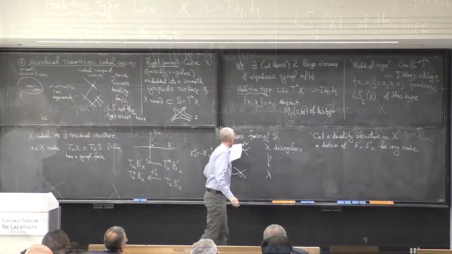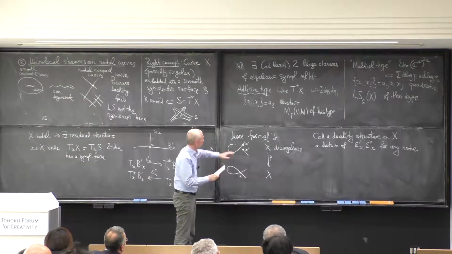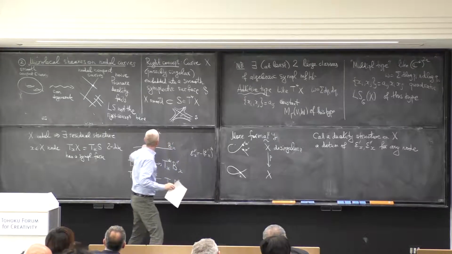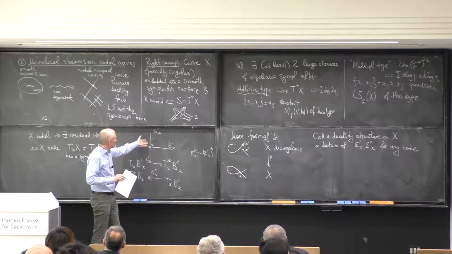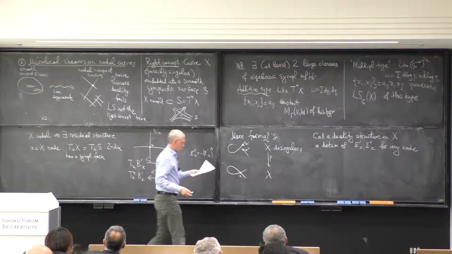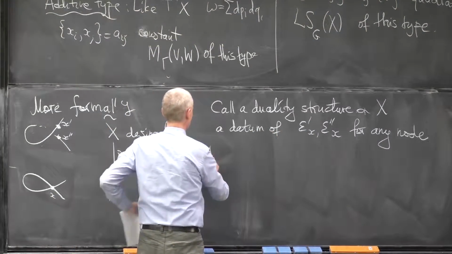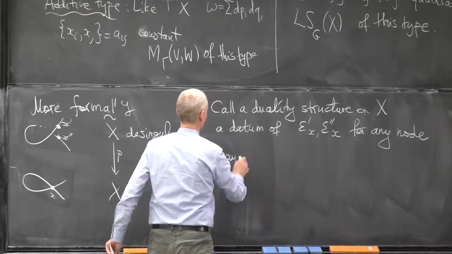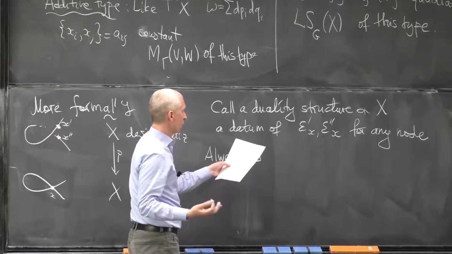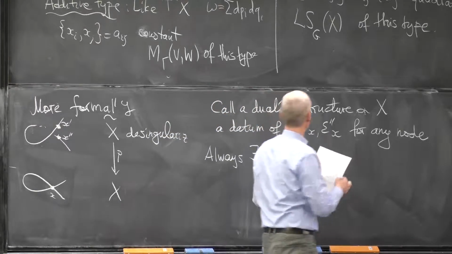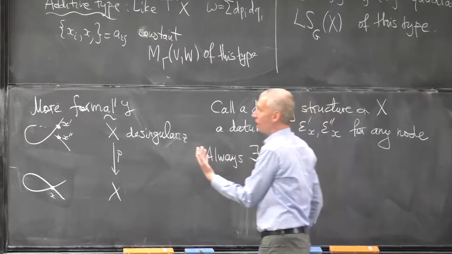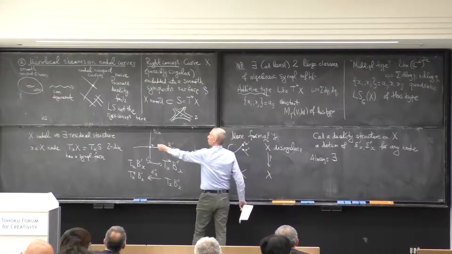So if you have such, these data are purely local, they're not required to be compatible in any way, because things happen separately at different nodes. So they always exist. And form a connected space. Just product of, so what freedom do we have to get at one point?